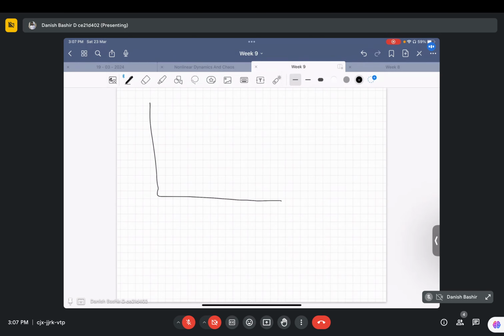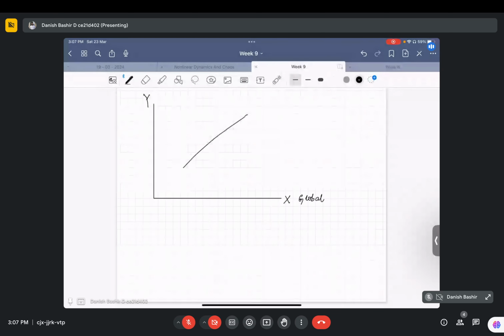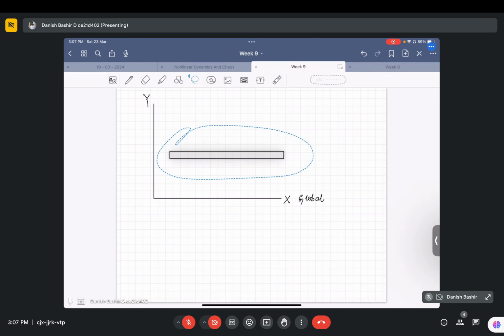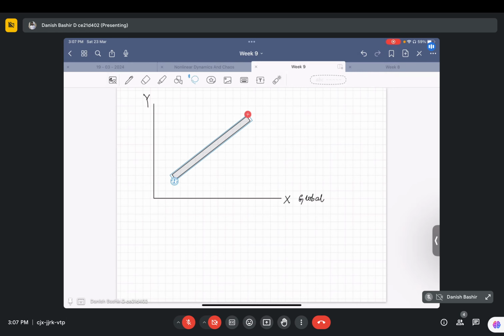We have this global coordinate system, X global, Y global, and we have the same plane frame element.